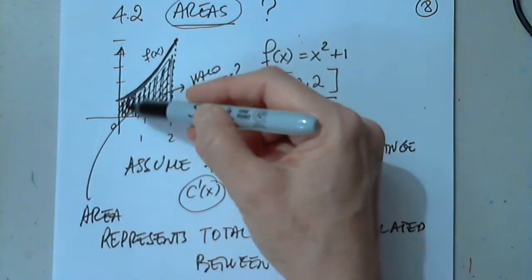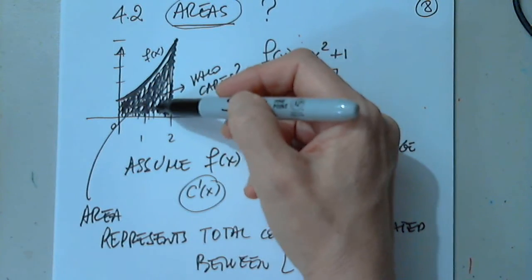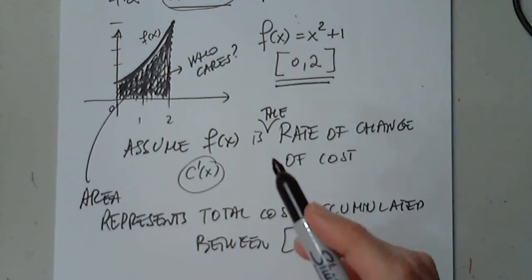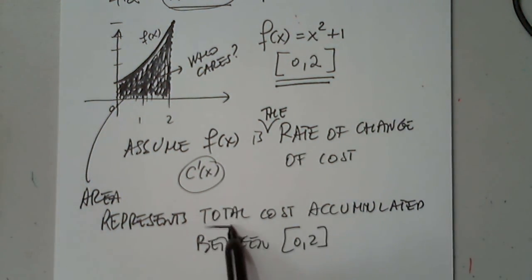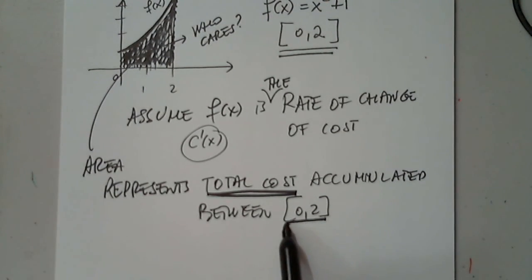The area itself, once I find this area, I will guarantee that that is the total cost that the business incurred between 0 and 2 minutes, 0 and 2 days, 0 and 2 months, 0 and 2 years, whatever you want.